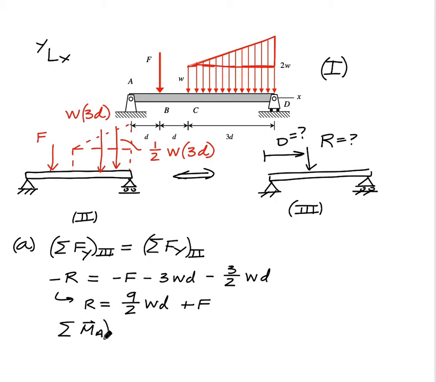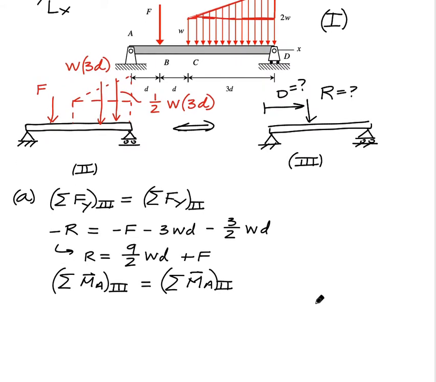So that's R. And I will choose some point, in this case A. I'll find the moments about A for system 3, and to make 2 equivalent to 3, I also have to have the moments about that same point balanced out between the two. So for 3, that moment is going to be R times the moment arm of D. That's going to be in the minus K. That's equal to minus F times small d.